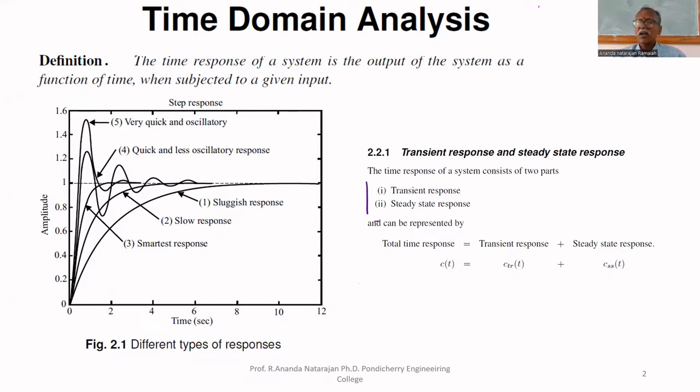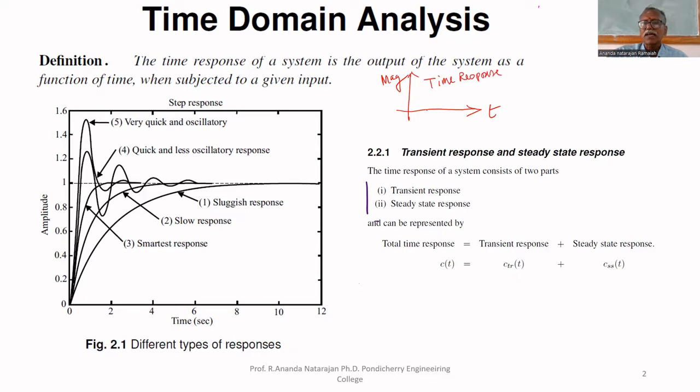The time response of the system is the output of the system as a function of time. If you plot the output as time versus magnitude, then it is called time response.